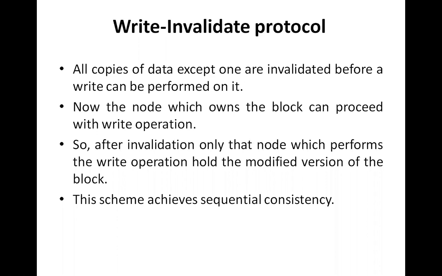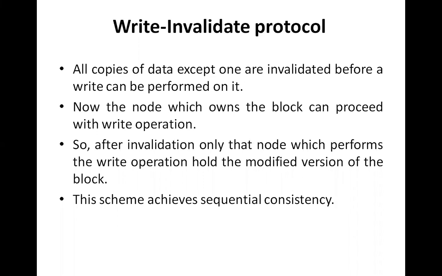Therefore, when a write fault occurs at a particular node, its fault handler is going to copy the access block from one of the nodes to its own node, and invalidate all the other copies of the block by sending an invalidate message, which also contains the block address, to the nodes having a copy of the block.